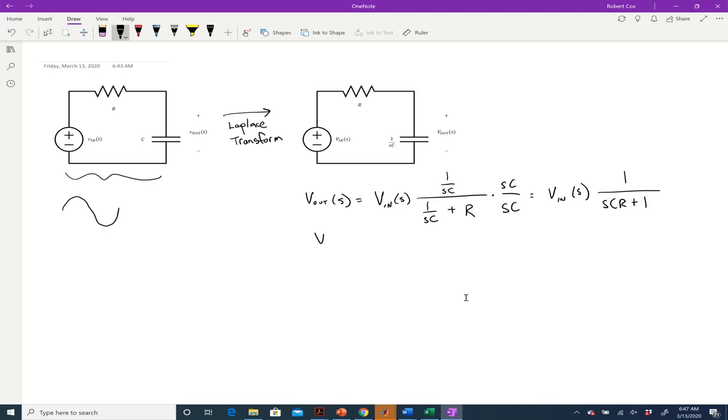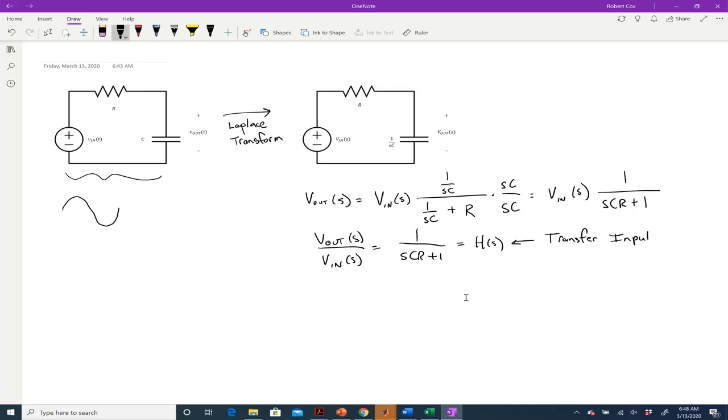I can write this as Vout of S over Vin of S. I've just divided both sides by Vin of S, and I get this result, which, as we said, we sometimes call the transfer function.